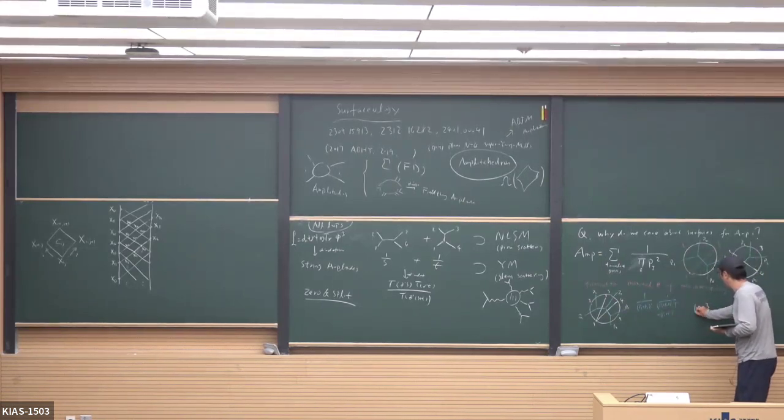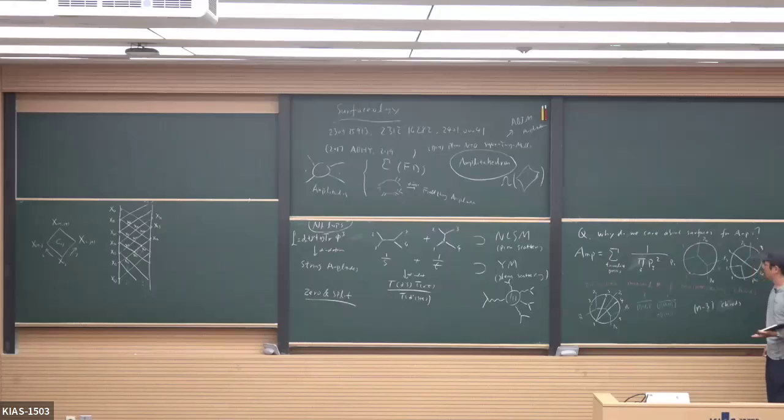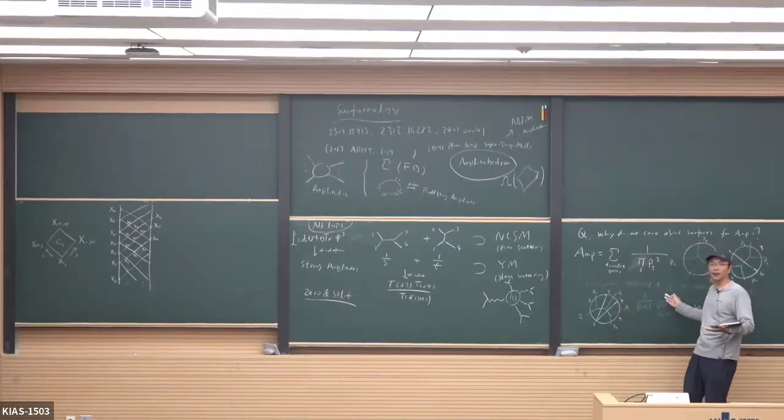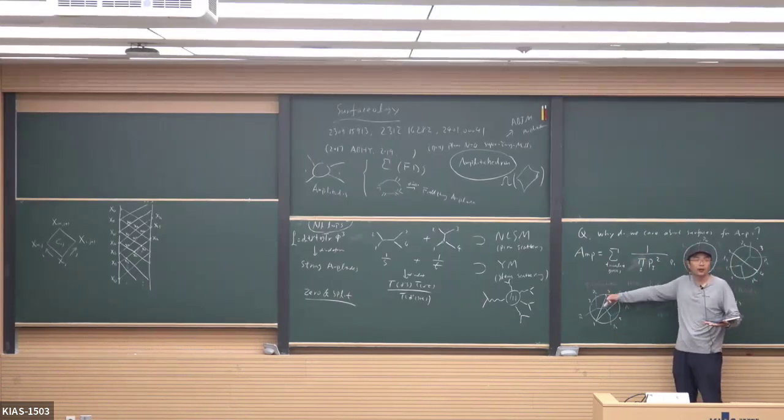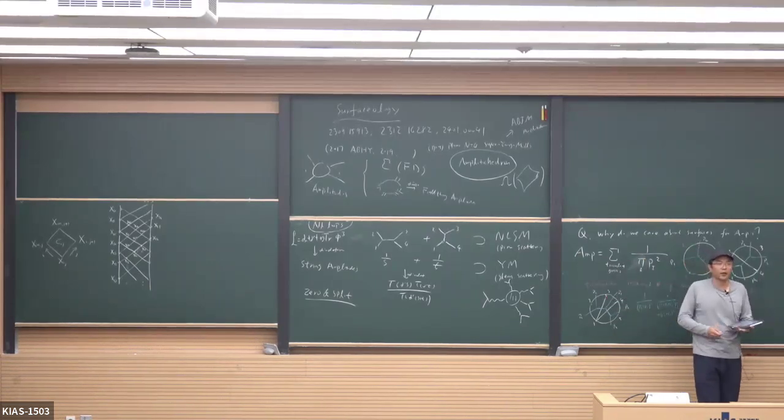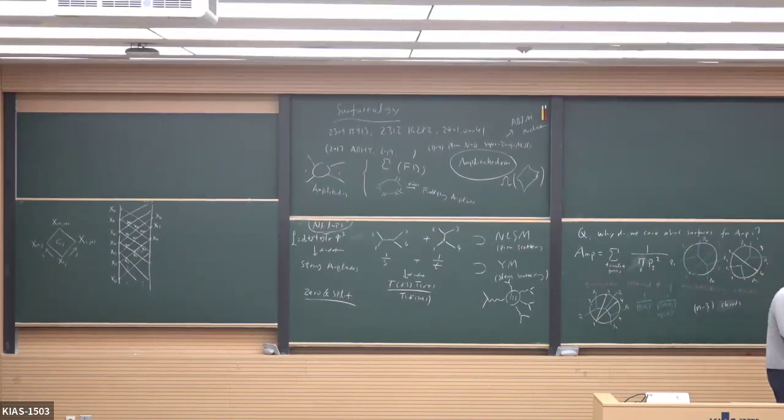So for tree level, you can have n-3 propagators or chords that are non-intersecting. Once you have these n-3 propagators, you cannot add any extra ones. They will definitely cross. So this is why it's the maximal number of propagators.